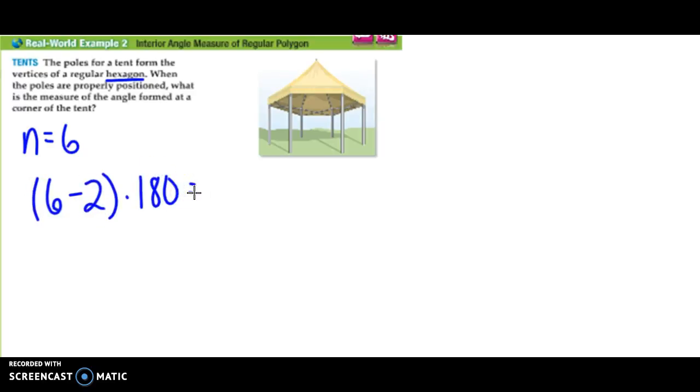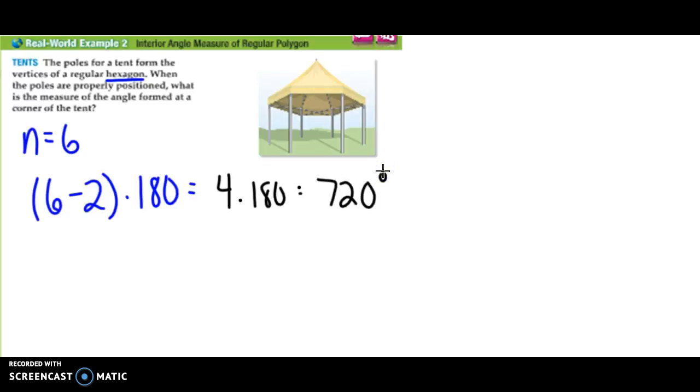So, it says right here, hexagon. Hexagon is how many sides? If you don't know, you can look it up. Hexagon is 6 sides. So, my n is 6 sides. So I do 6 minus 2 times 180. Well, 6 minus 2 is 4 times 180. 4 times 180 is going to be 720 degrees.